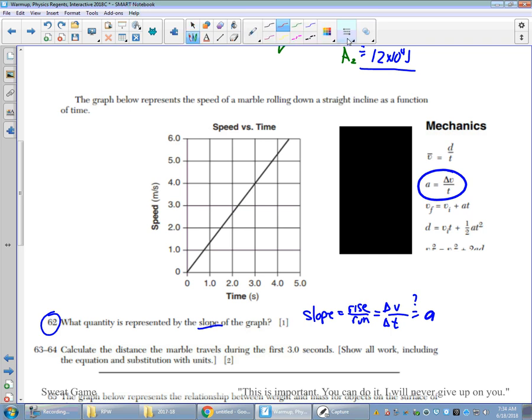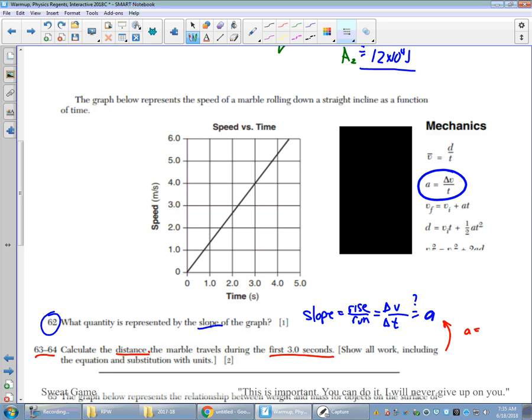They even ask you 63, 64, which some people don't realize, calculate the distance the marble travels during the first 3 seconds. Well, how can you get distance from a speed versus time graph? Now, admittedly, you can do this one with just regular old kinematics. You now know the acceleration from up here.